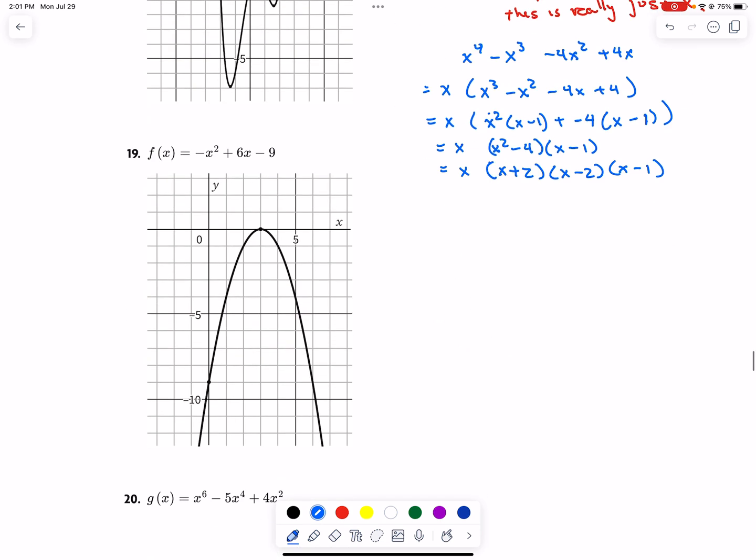Okay. So for this one, it's only got a single root at 3. What do you do? It's got to have 2 roots. Let's try the algebra.